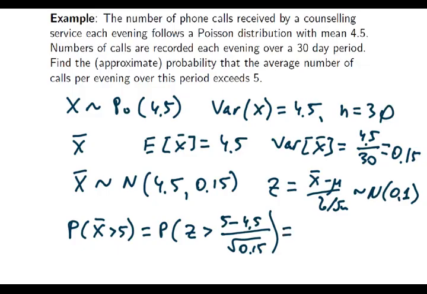This equals the probability that z is more than 1.29.